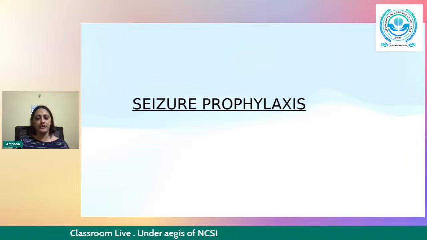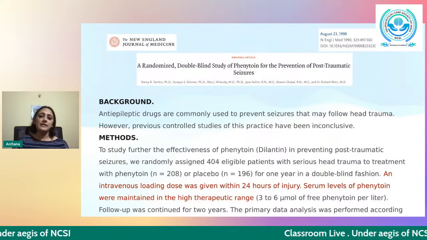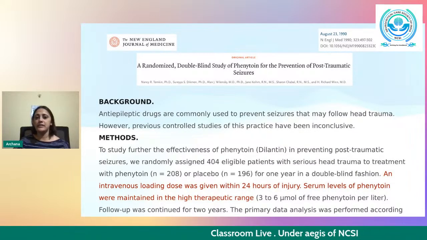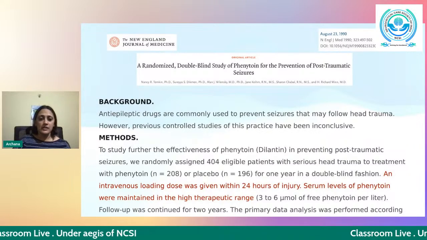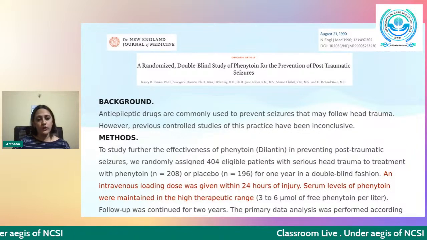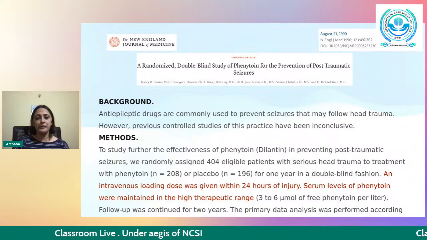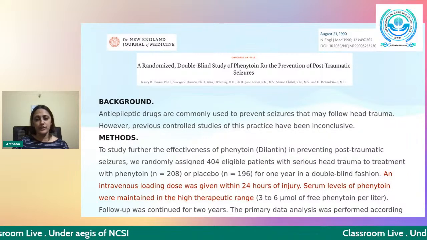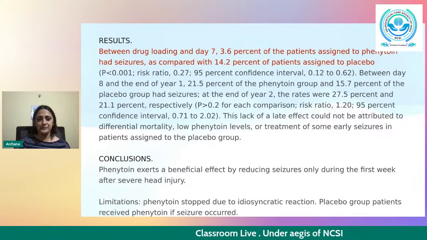Coming to the seizure prophylaxis in patients with traumatic brain injuries. This is a randomized double-blind study of phenytoin for the prevention of post-traumatic seizures. Here, an intravenous loading dose was given within 24 hours of injury, and the serum levels of phenytoin were maintained in the therapeutic range of 3 to 6 micromole of free phenytoin per liter.